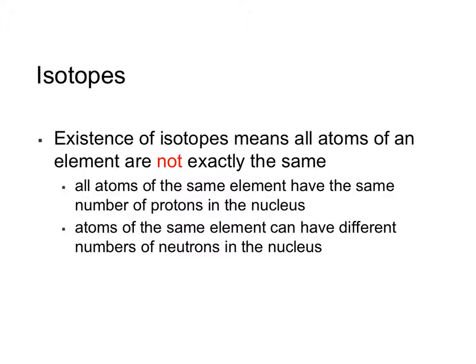The existence of isotopes means that all atoms of an element are not exactly the same. All atoms of the same element will have the same number of protons in the nucleus. However, atoms of the same element can have different numbers of neutrons.